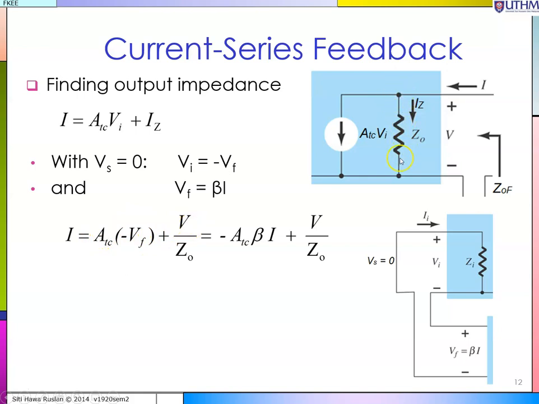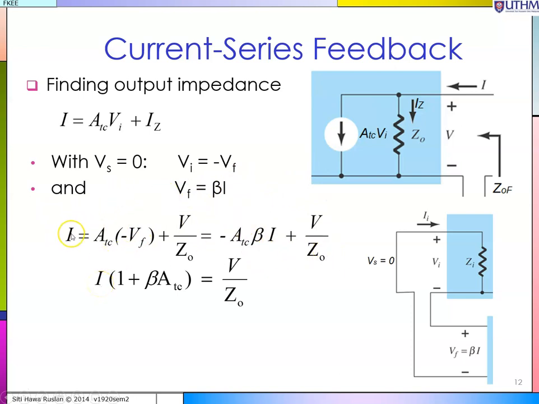Iz is the current over here. The voltage across the output impedance is V. So the current will be V divided by ZO. Over here, V divided by ZO is actually the current Iz just now. And simplify this equation. Okay, I just rewrite Vf, substitute with beta I over here, and factor out I over here.